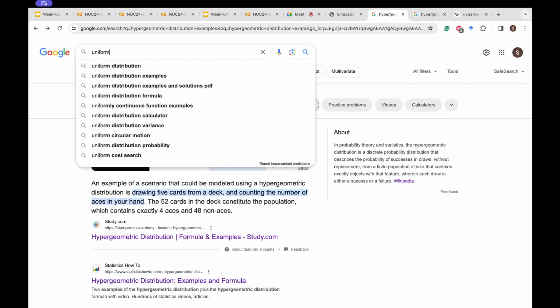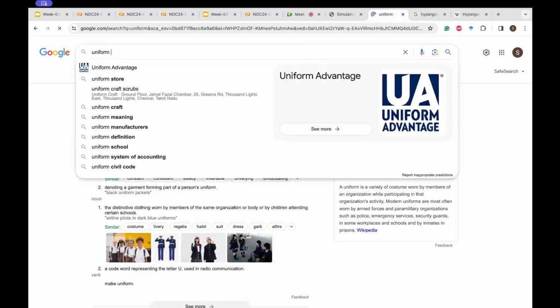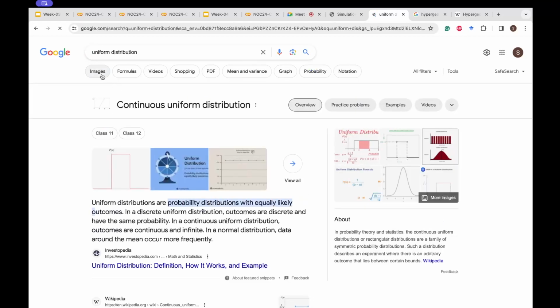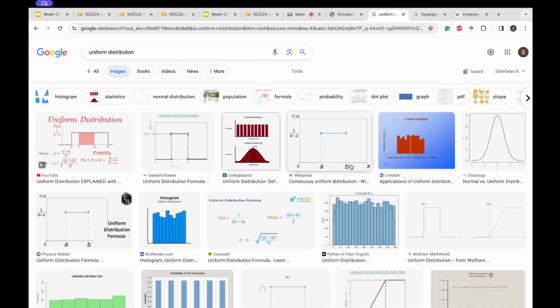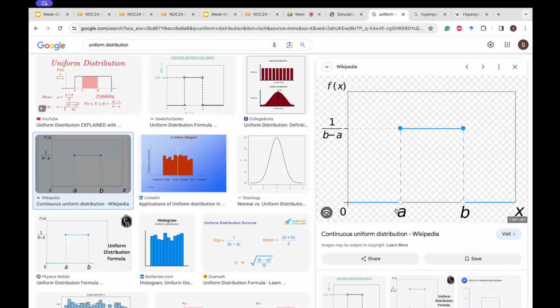As its name suggests, uniform distribution. So between two values A and B, you are having uniform probability. All the values between A and B are equiprobable, and outside of that its probability is 0.